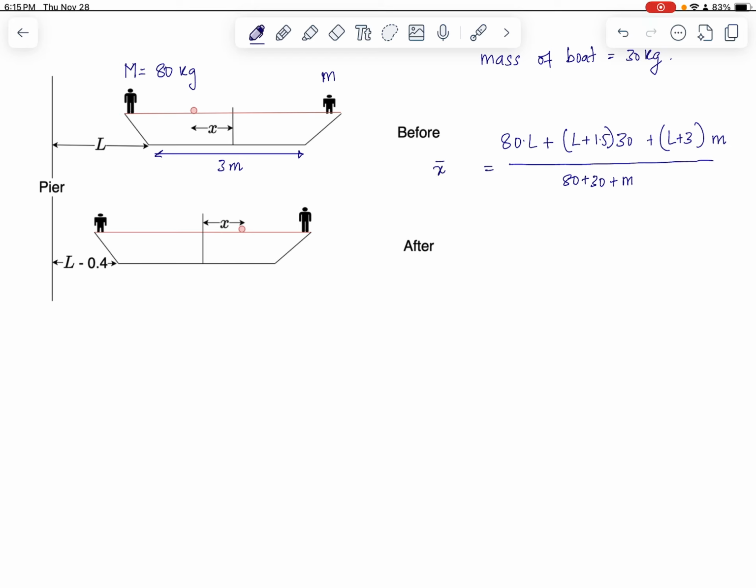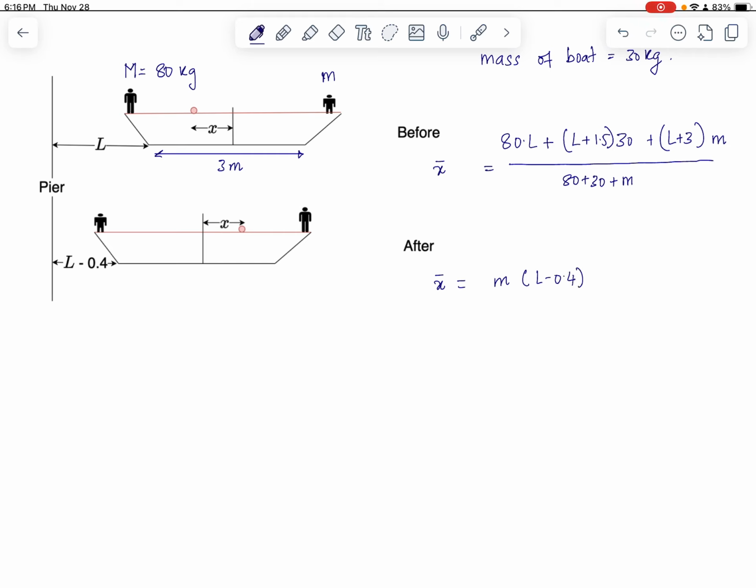And after the man and the girl exchange positions, the new position of the center of mass is computed as follows. The girl comes to the left, so you multiply M by L minus 0.4, right?